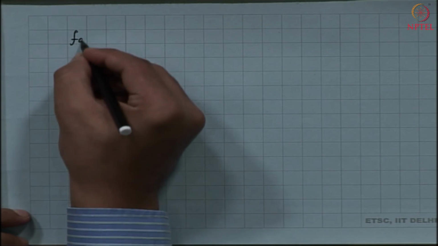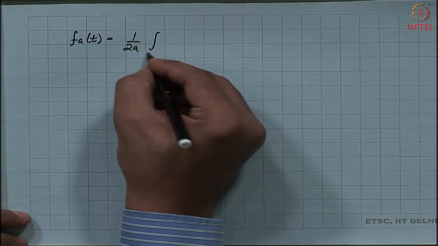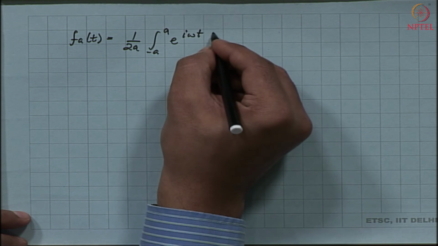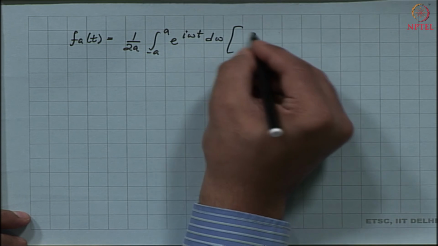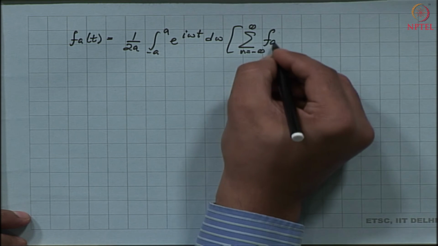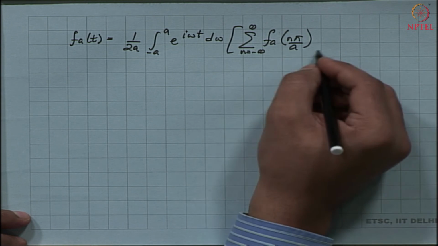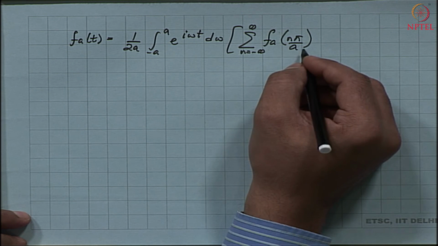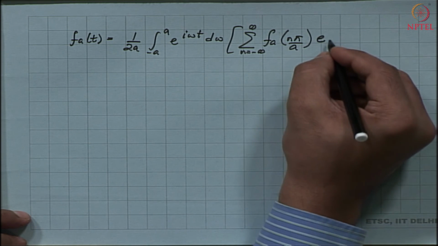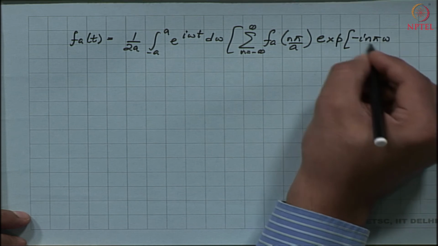So, again f_a of t is 1 by 2a integral from minus a to a e to the power i omega t d omega, summation n from minus infinity to infinity f_a(n pi by a) e to the power negative i n pi omega by a. I am replacing my expression for the Fourier transform of the signal, capital F(omega).